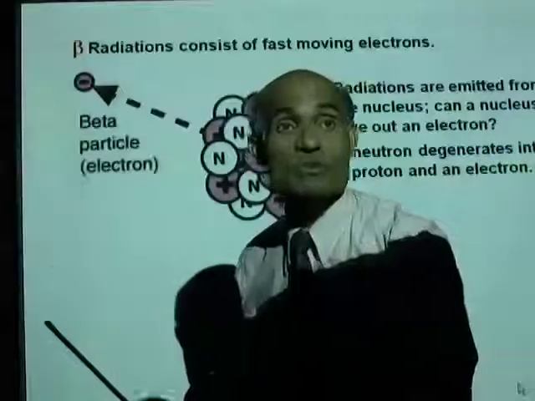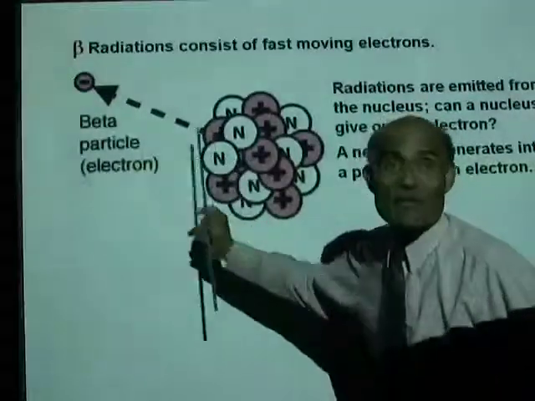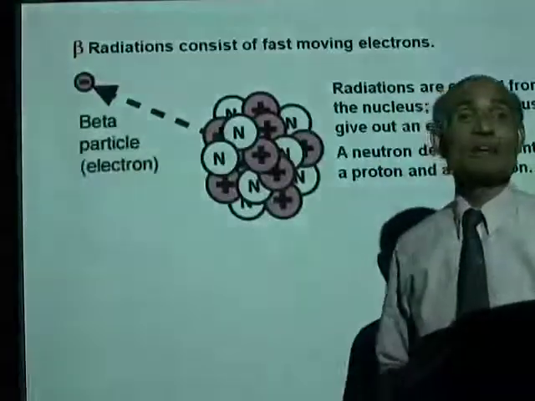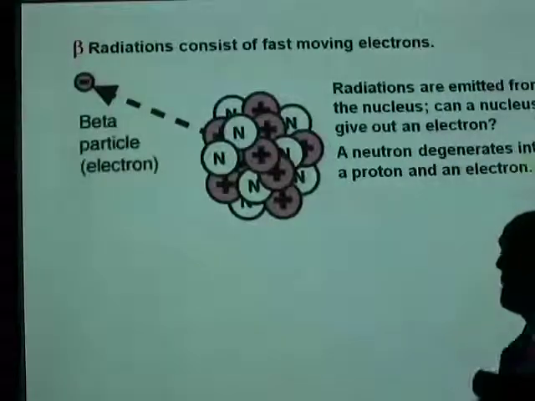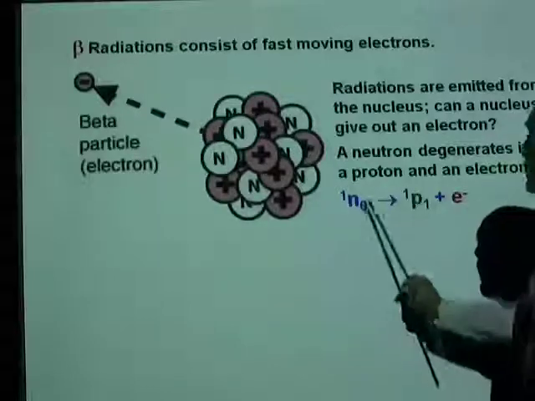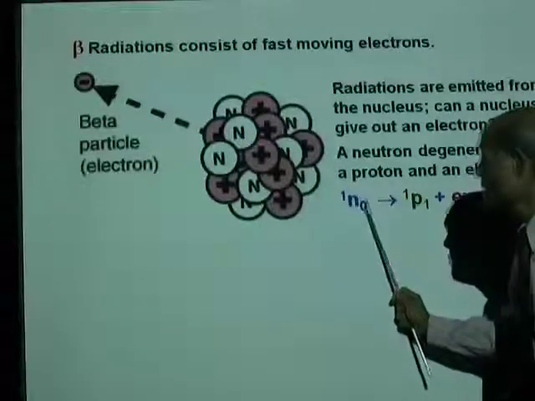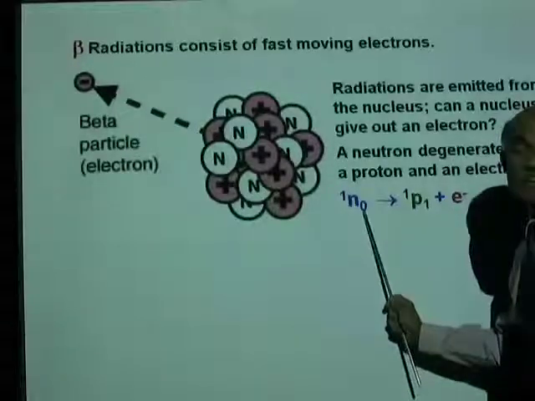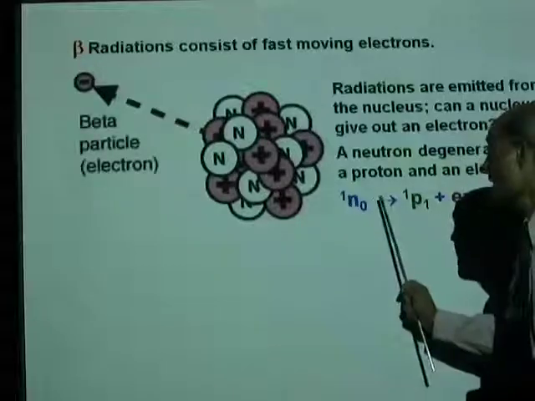Now, when that happens, the proton will stay back in the nucleus and the electron is given out as the beta radiation. Now, neutron has no charge. Look at the symbol for that, n, 0, 1. It has no charge, but mass number is 1.